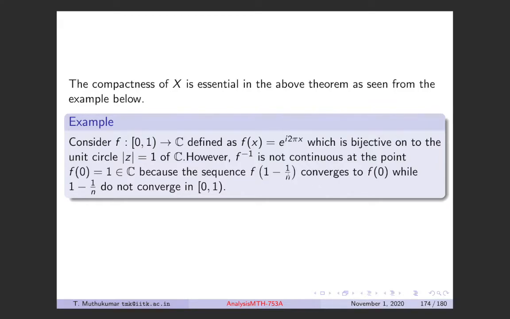So f of 1 minus 1 over n converges to f of 0, which is 1. While if I take f inverse, which is 1 minus 1 over n, it does not converge in the domain because it converges to 1, which is not in this domain. So f inverse is not continuous. That is because you did not have compactness of this domain.